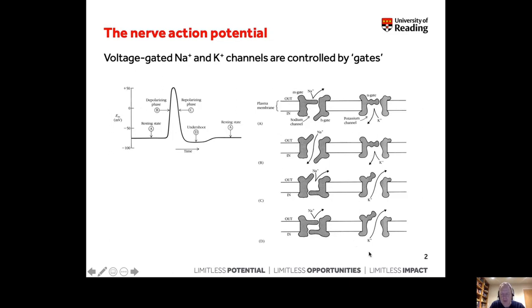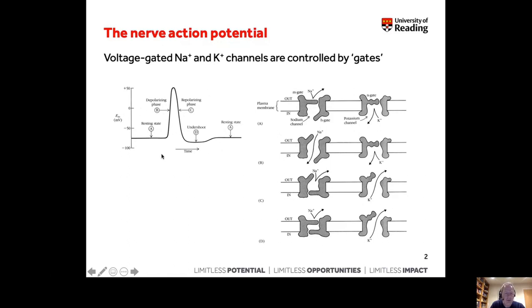And this idea of a channel is just an opening in the membrane that lets either sodium into the cell down its concentration gradient, or potassium out of the cell, again down its concentration gradient, because potassium is higher inside than outside, sodium is higher outside than inside.